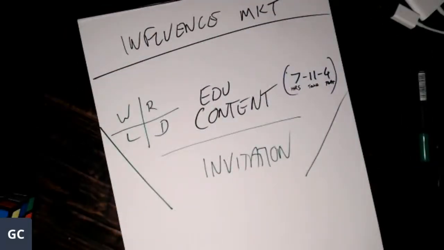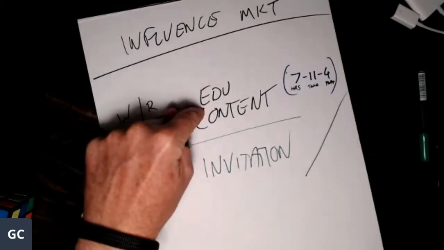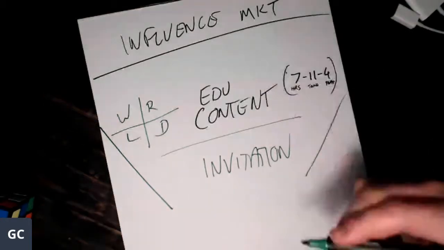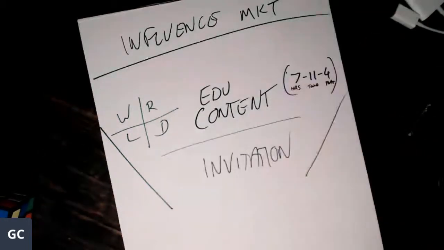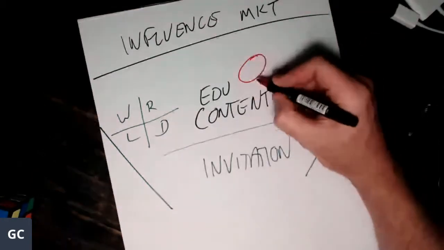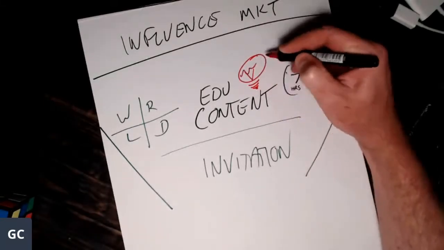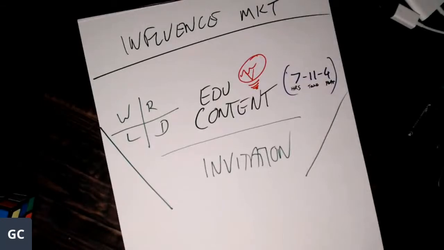So this educational content should be stuff that creates an insight, right? So let me draw a little light bulb. Maybe I need to do a whole other live just on content, right? But it's insights. So no one cares about your product or service. They care about an insight, a light bulb moment.